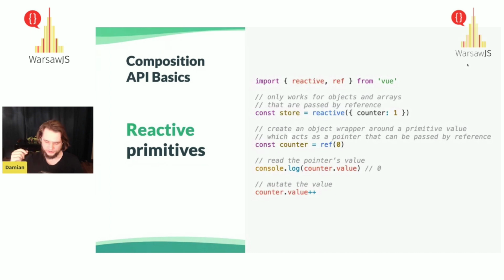A ref creates a wrapper object around it, which has a value property that actually contains the value of the reference. And if you want to mutate that, because Vue is all about mutations, you just do counter.value and assign a new value to it, right?